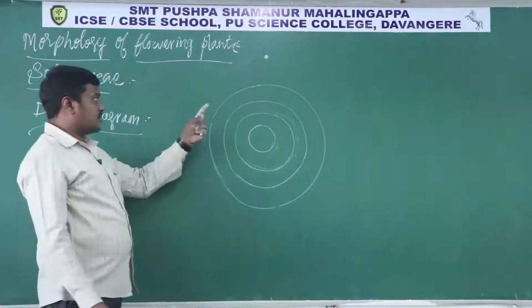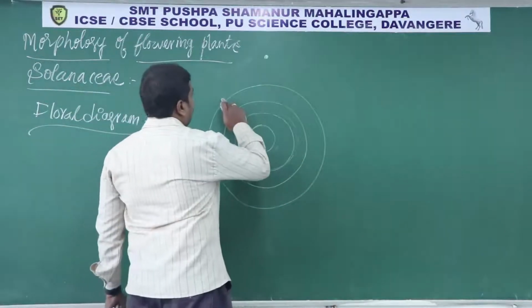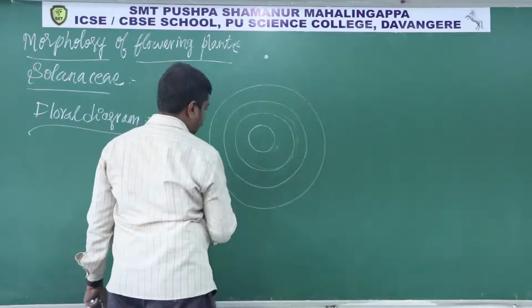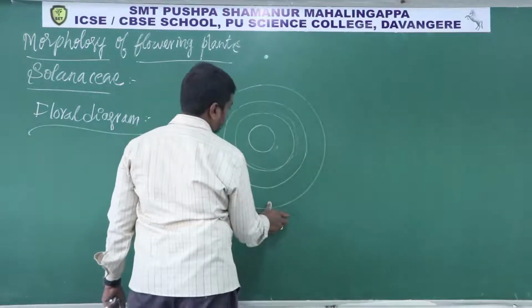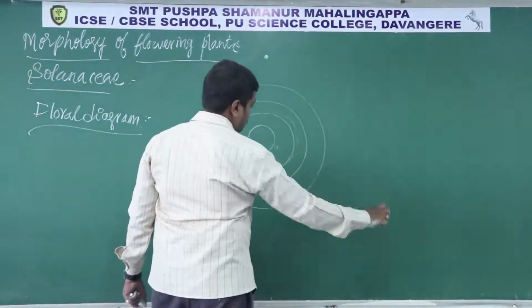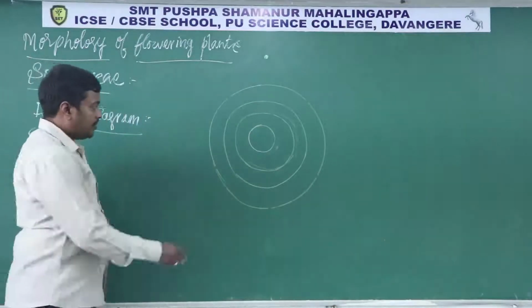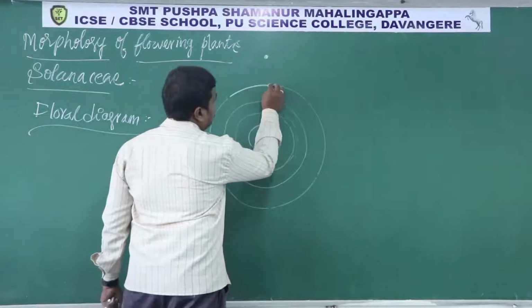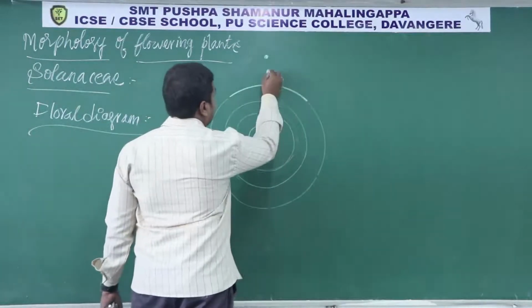Okay, the calyx will be opposite to the axis. So there are 5 sepals. Okay, so let me divide into 5 parts. So 5 sepals. So this is the first sepal.